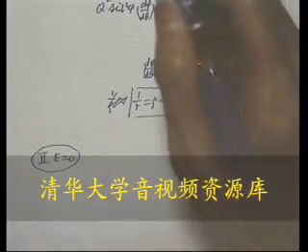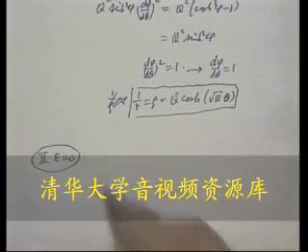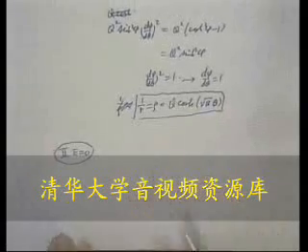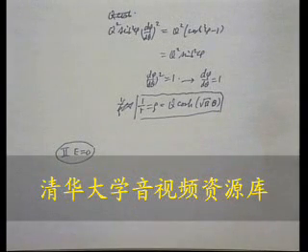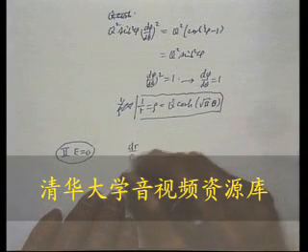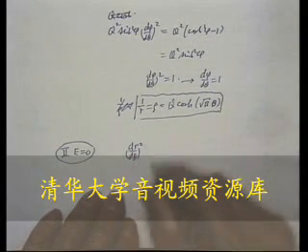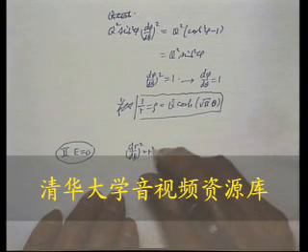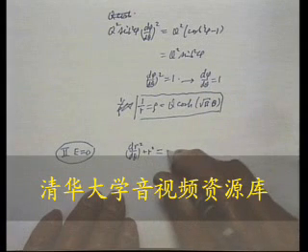So therefore, you get dr d theta squared plus r squared is equal to b r squared.